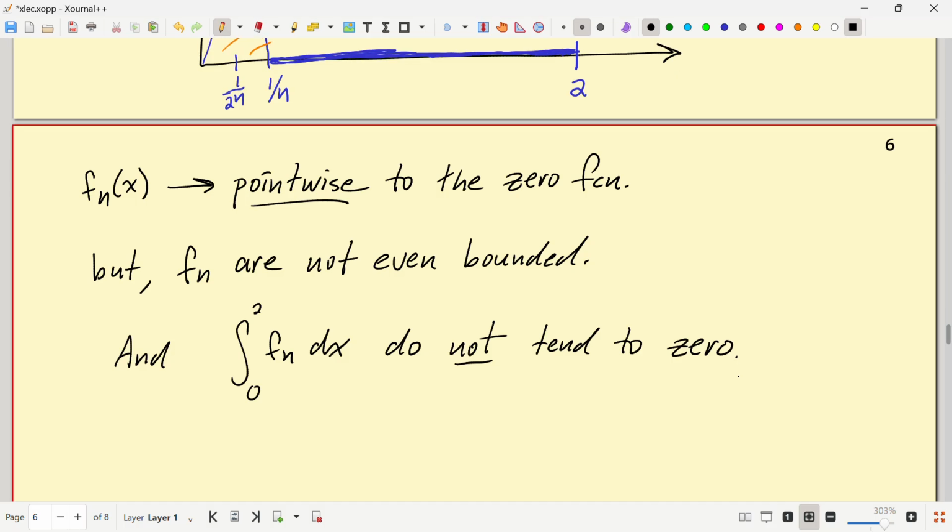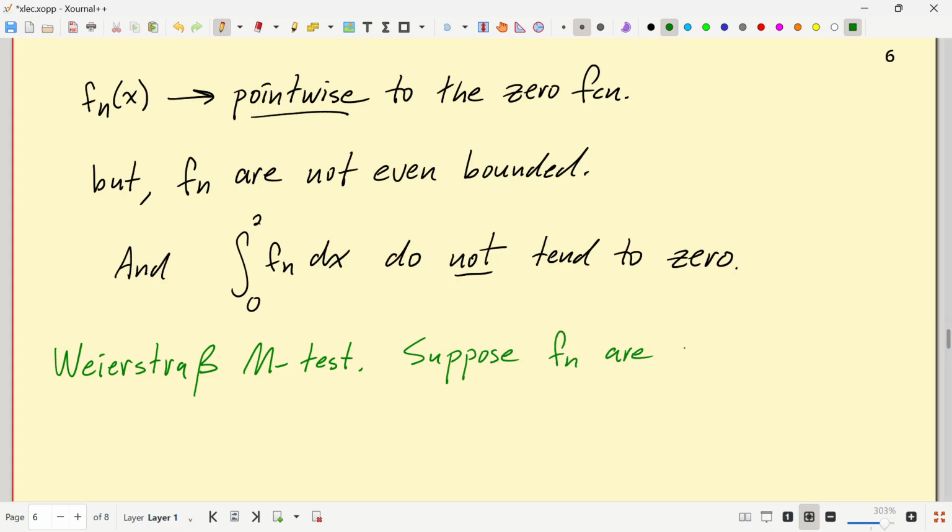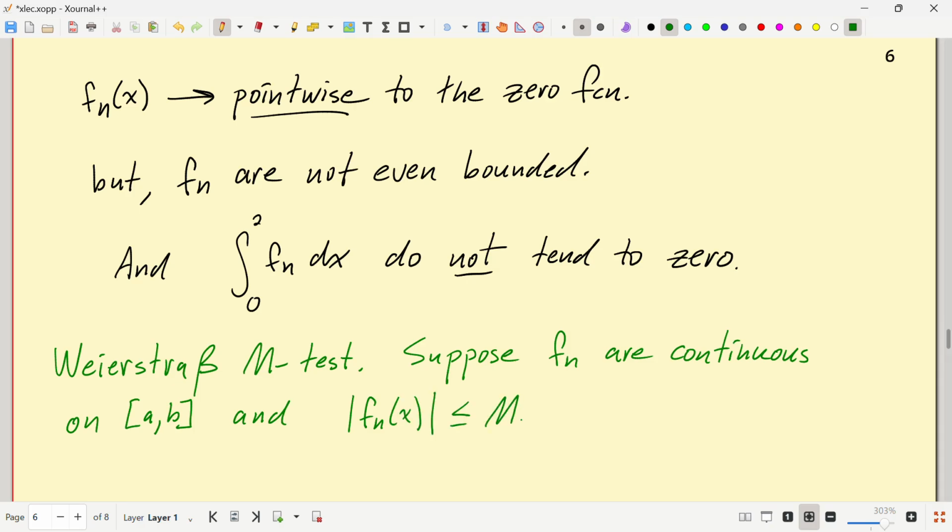And the last thing we're going to do is demonstrate the famous Weierstrass M-test. Here's what it is. Suppose the fn are continuous on a closed interval a, b, and suppose that the absolute value of fn of x is less than or equal to some number Mn.